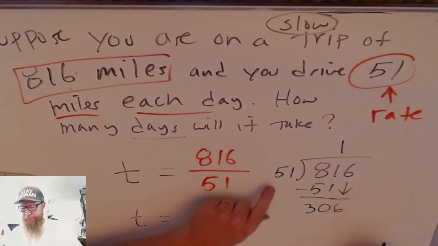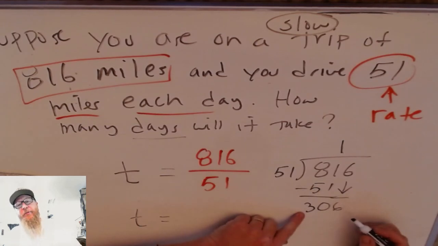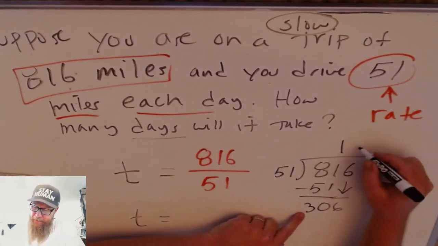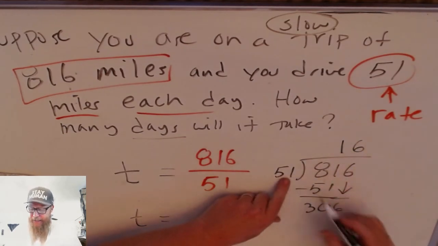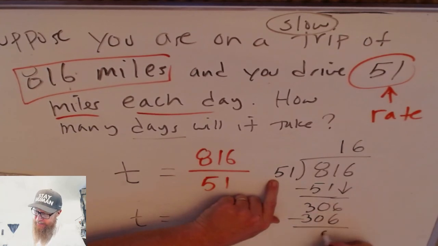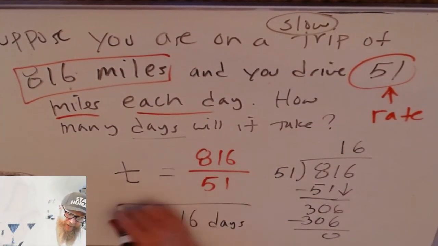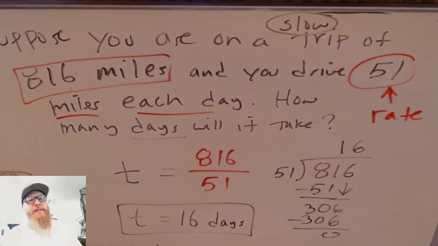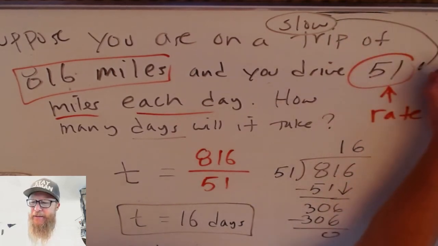That was a close one. Bring down the 6. 51 goes into 306 about 6 times. 6 times 1 is 6. 6 times 5 is 30. And there's no time left over. So the time would be 16 days. That's a long trip. That's because we're only driving 51 miles a day.